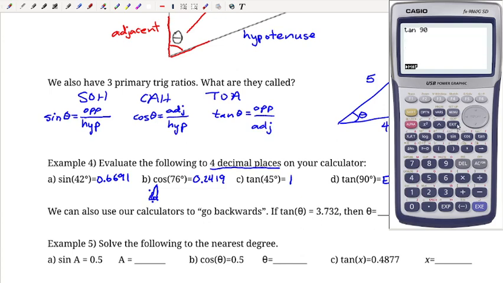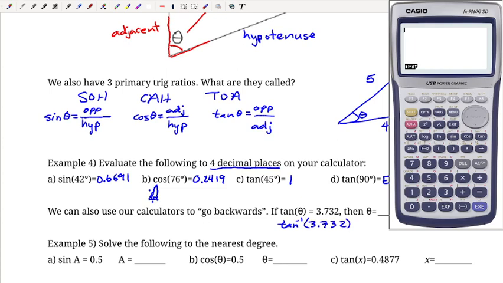So on my calculator, I'm going to clear out that. In order to actually do that, tell it to go backwards, I'm going to take the inverse tangent of my decimal. So on my calculator, that's a little tan -1, little tan inverse of this 3.732. In other words, this is saying go backwards. I know what the ratio of the sides is, and I want to know what the angle is.